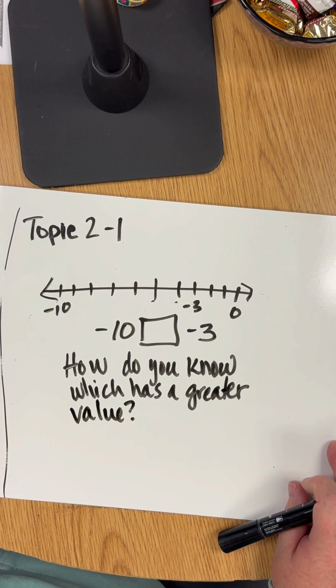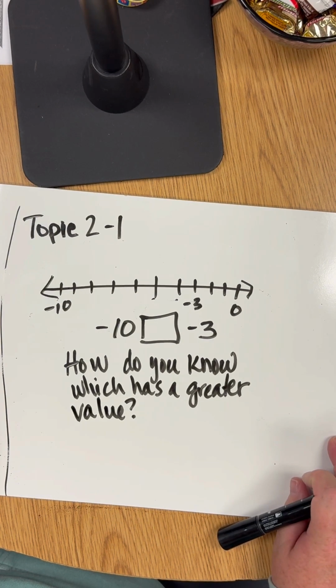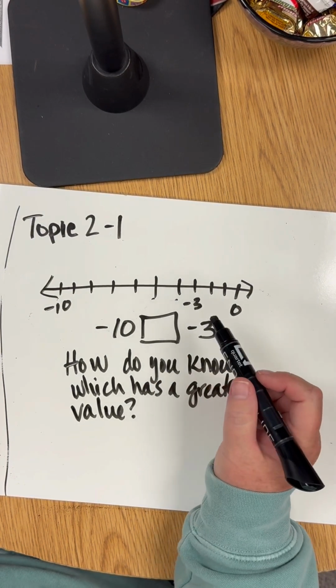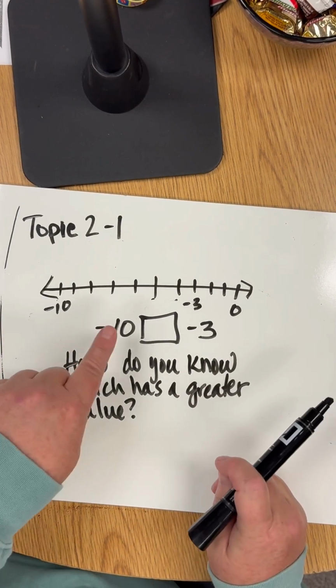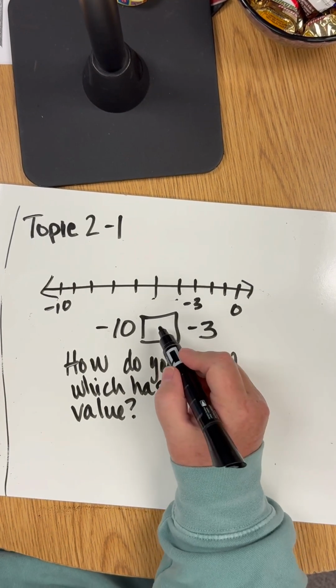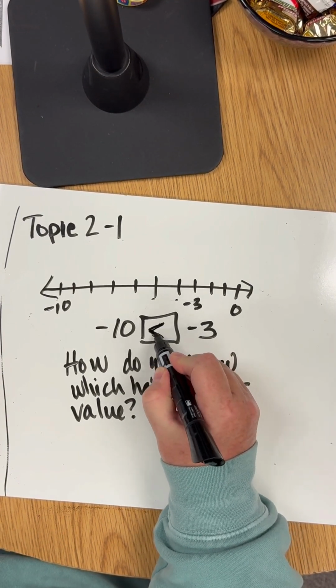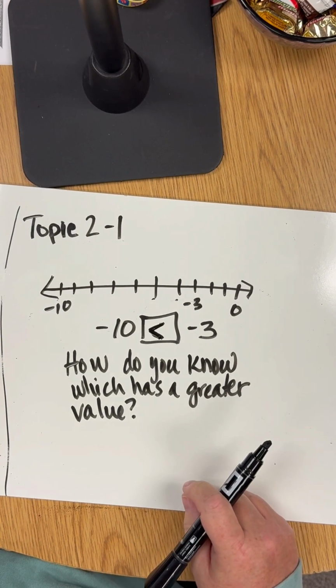All right. So hopefully you were able to understand that even though negative 10 is a larger number, it is further away from 0. And so actually negative 3 is going to be the larger number.